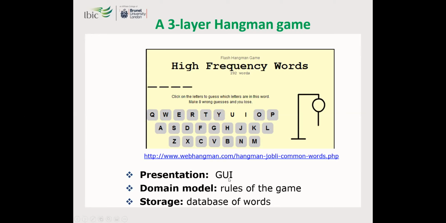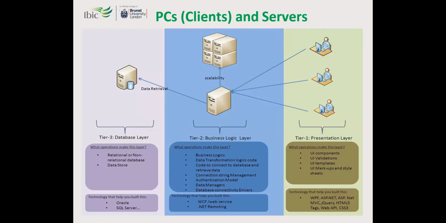For the presentation layer, you have a GUI. For domain model, there is one example of rules of the game. And for storage, a database of words. For this particular example, you can look at this link and try to explain it and grasp the concept.